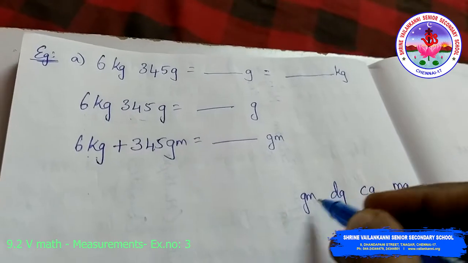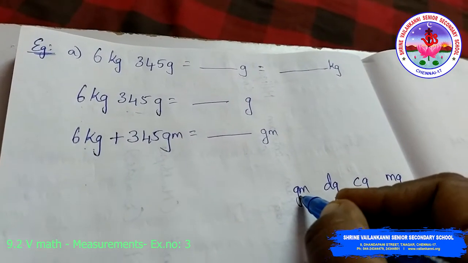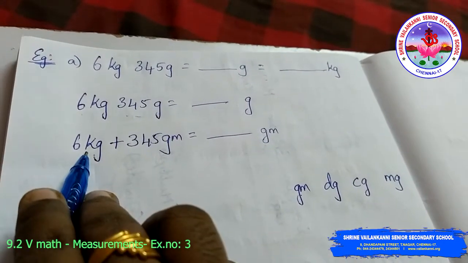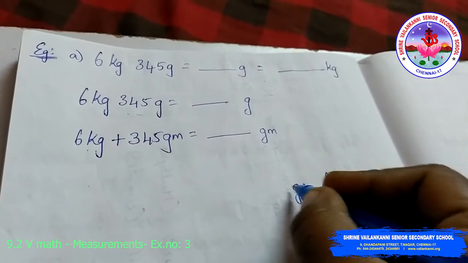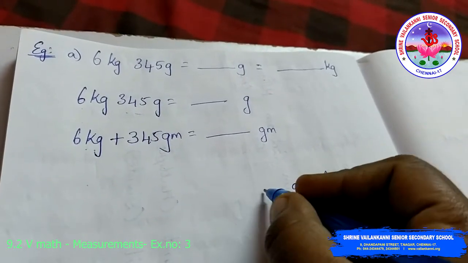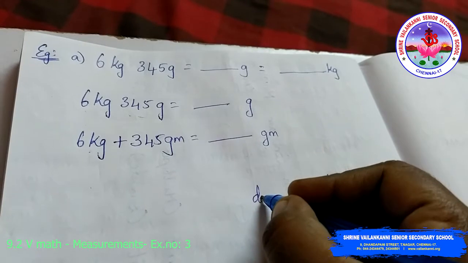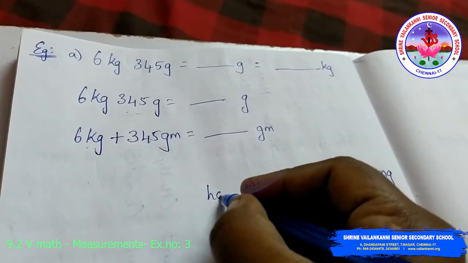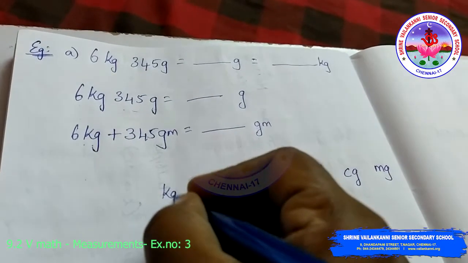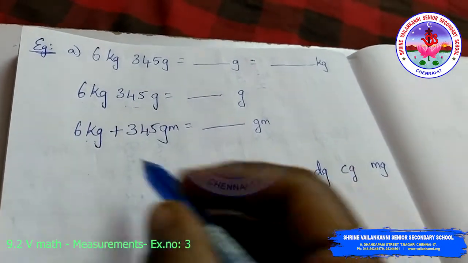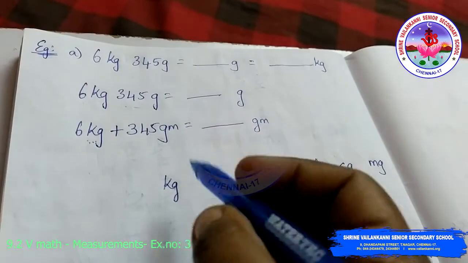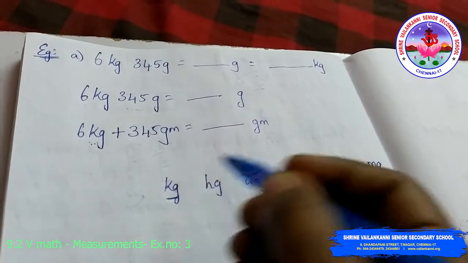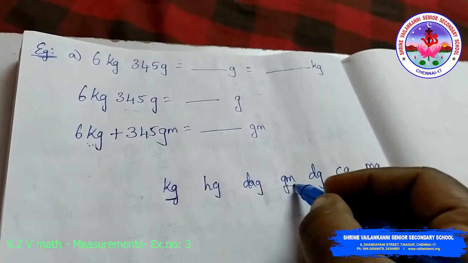After gram, decagram, hectogram, kilogram. Okay, so here from kilogram to gram.